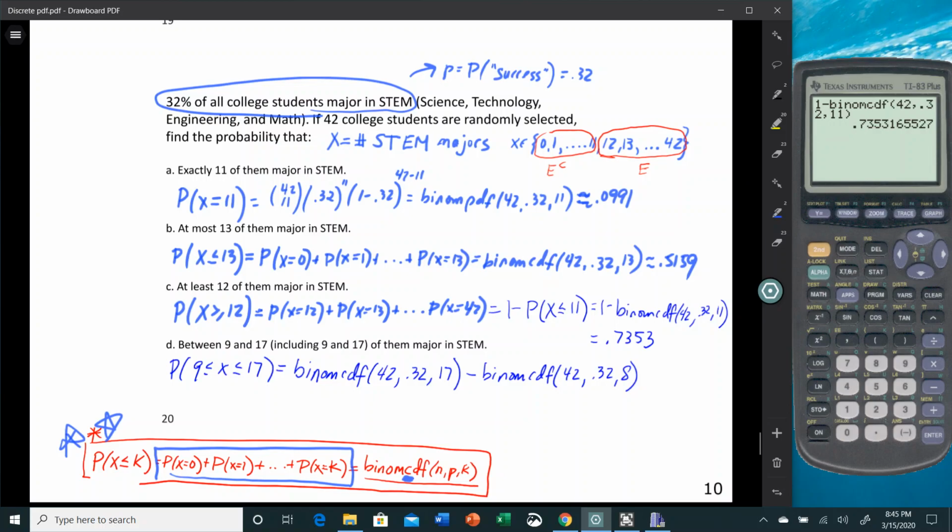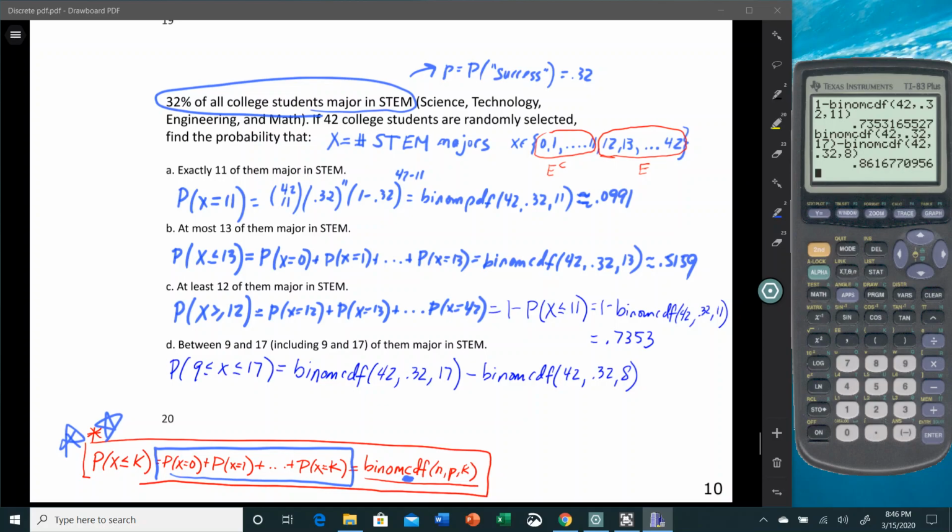Okay, so if I do binomial CDF of 42, 0.32, and 17, and then subtract from that the binomial CDF of 42, 0.32, up to 8, then I will have the values between 9 and 17.